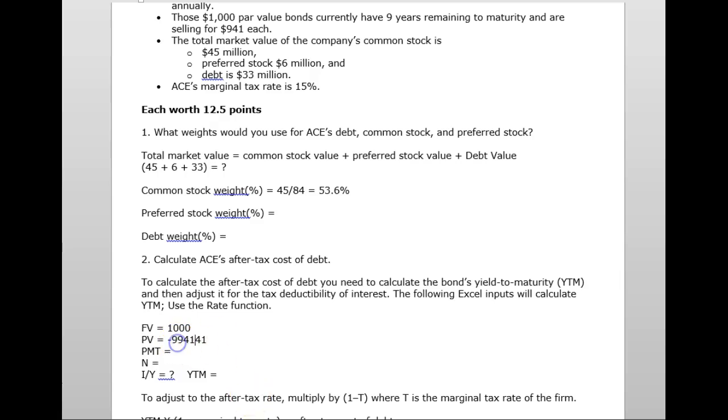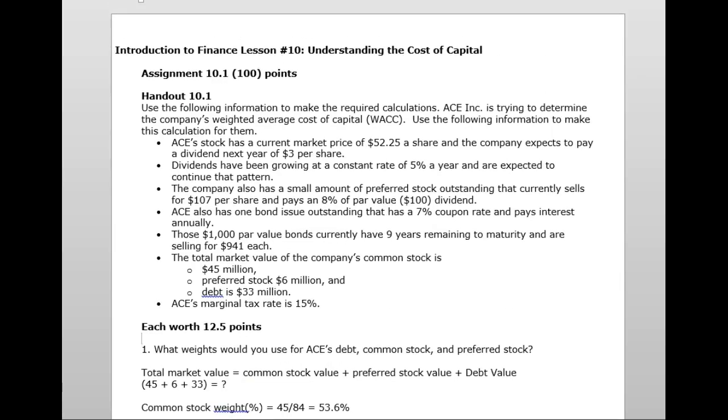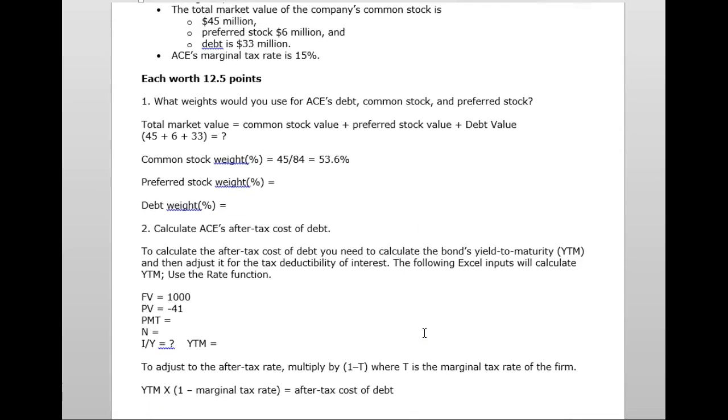Well, that's interesting. There it is. It's sort of like Pac-Man, isn't it? So let's try this again. And now this has to be a negative because you're going to be paying it out. So it's going to look like $941. Here you go. Payment.